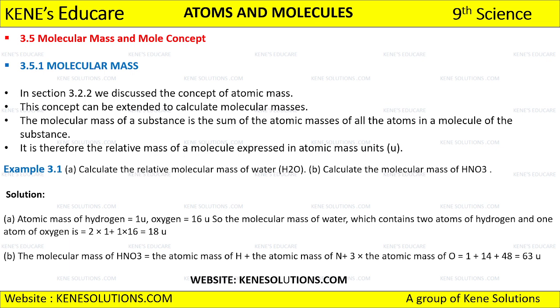So to calculate the molecular mass of water, how do we write water? H2O. It means there are two hydrogen atoms and one oxygen atom, right? So it becomes 2 into the atomic mass of hydrogen, which is 1, plus 1 into the atomic mass of oxygen, which is 16. When you calculate this, you get the answer as 18 atomic mass unit.